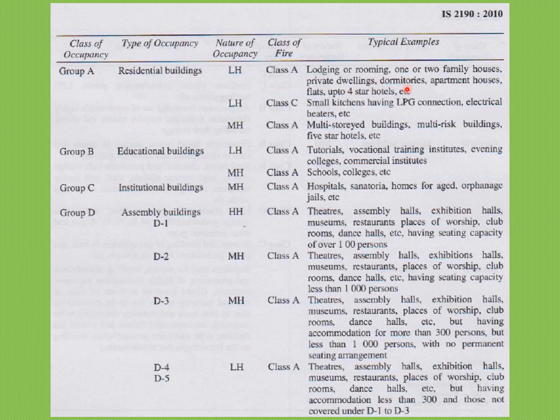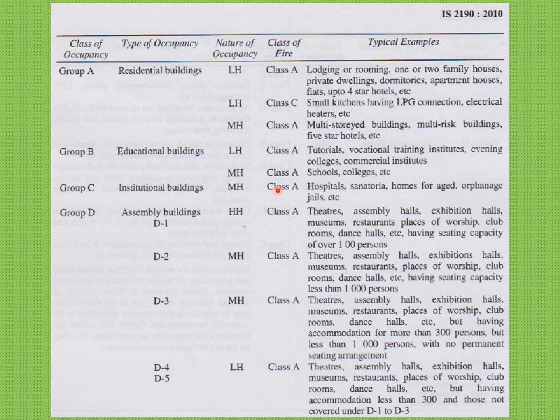And the last column shows you a typical example. Say, let me take institutional building. It has medium hazard, and they have hospitals, sanatoria, homes, and orphanages.